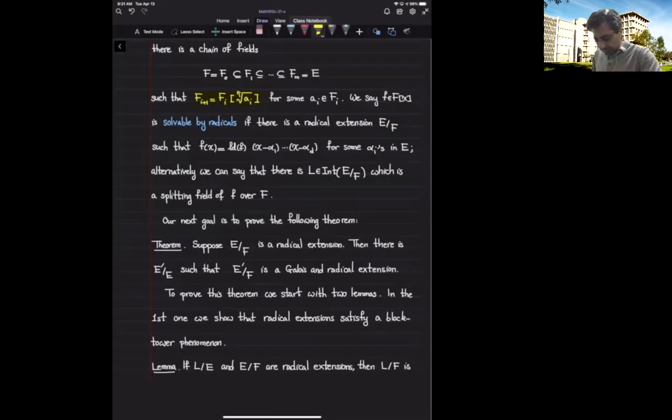So again, our next goal is to find an extension. Later, actually, I've changed this E prime to L. So given a radical extension E over F, we want to find an extension L of E such that L over F is not only radical, but also Galois.